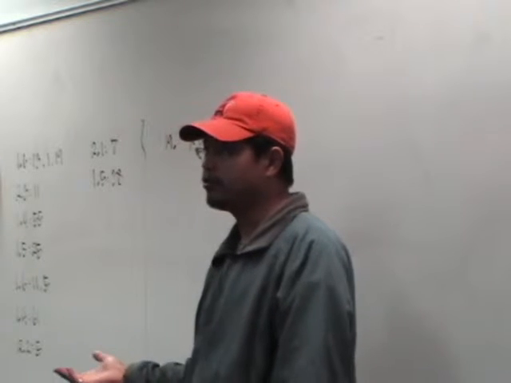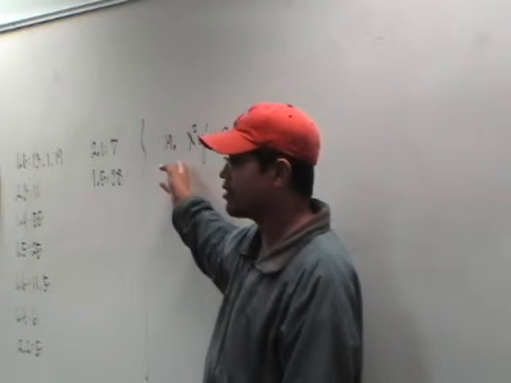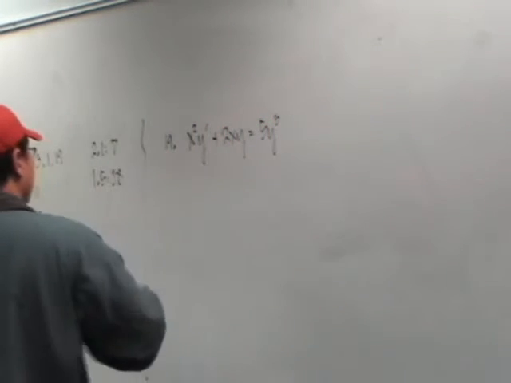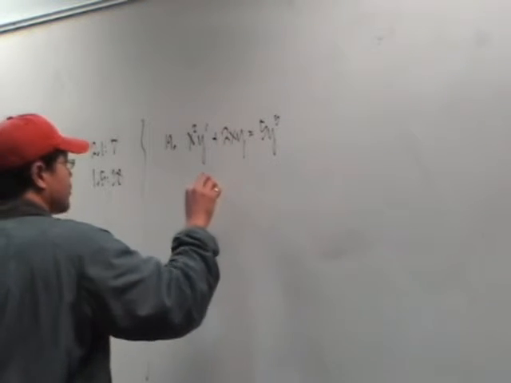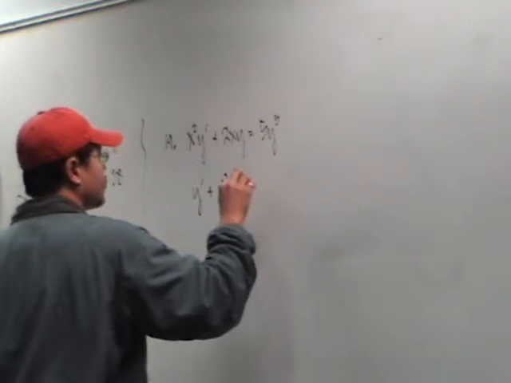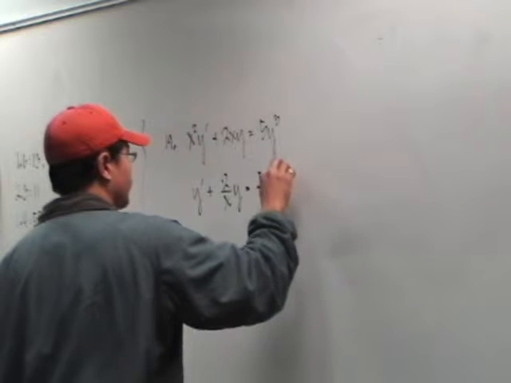If you remember Bernoulli, you should just have y prime on the left. So I'm going to divide everything by x squared. So y prime plus 2 over x y equals 5 over x squared y cubed.